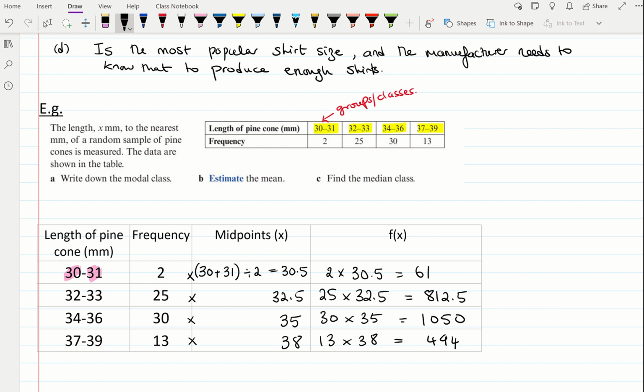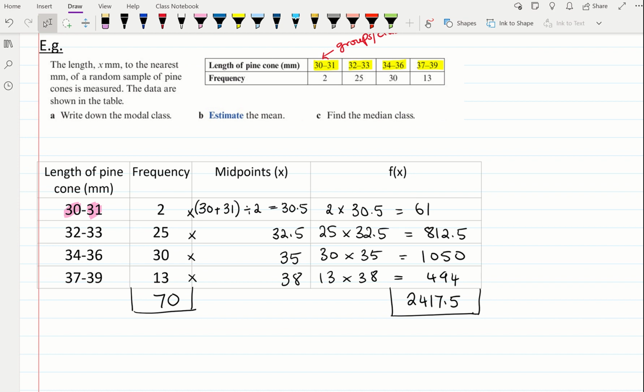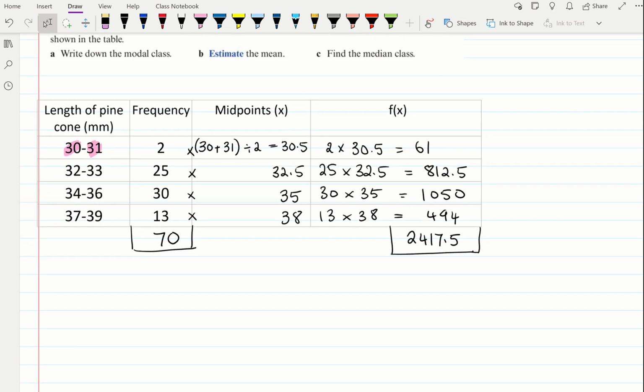And again, to find the mean, you have to find the total of the frequencies and the total of f x as well. So that is 70. And then I'm adding all of these up, 61 plus 812.5 plus 1050 plus 494, and I get 2417.5.